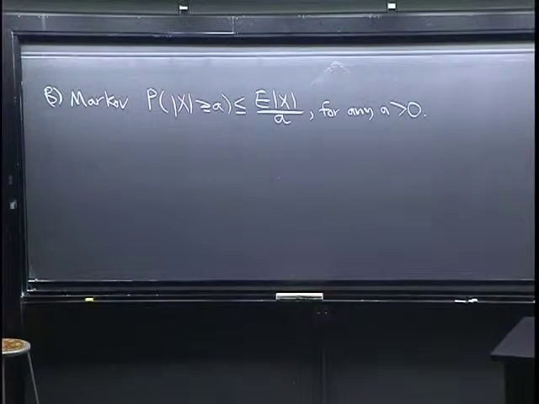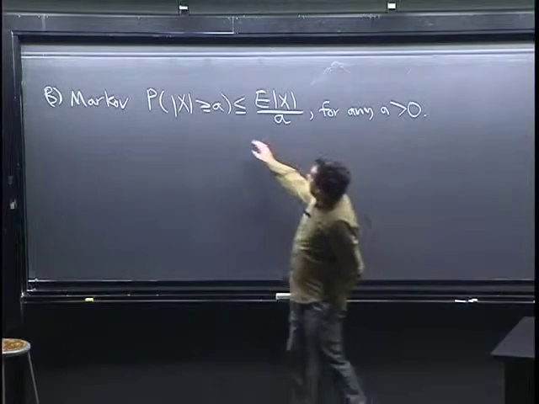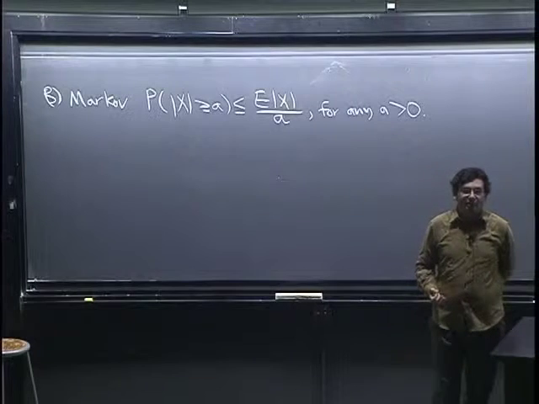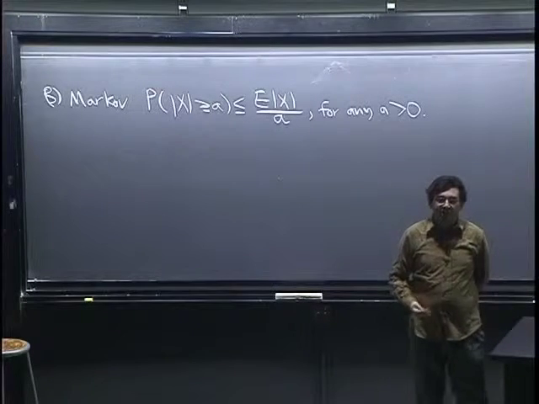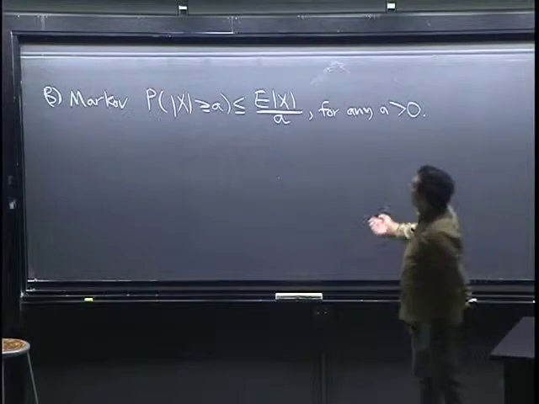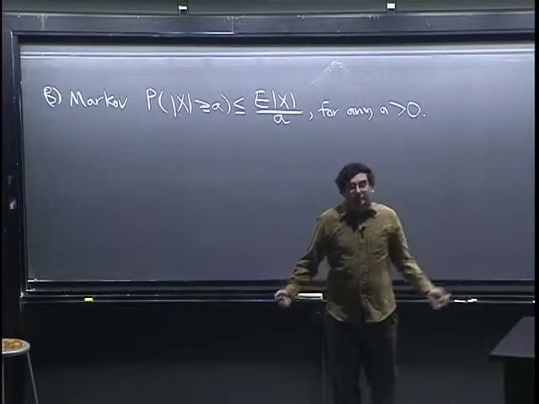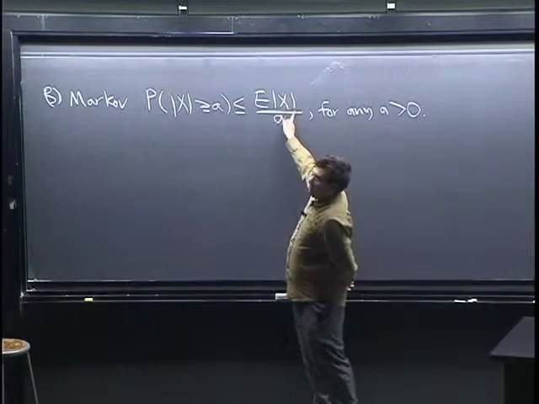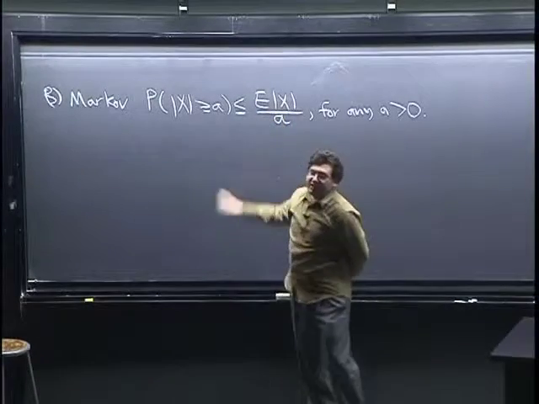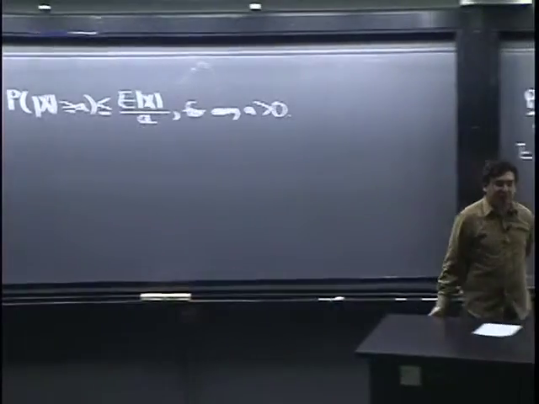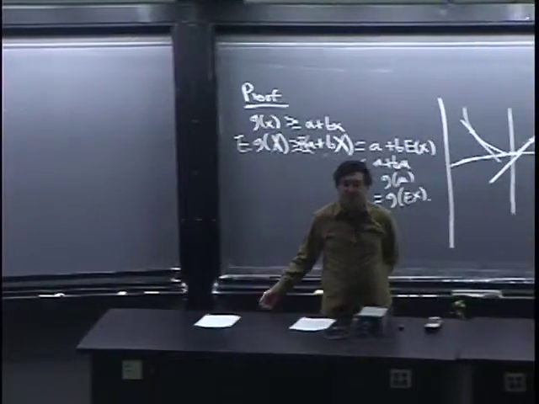We're going to prove this in a minute. The strength of this inequality is not that it gives a good approximation, it's simplicity and generality. This is completely general for any random variable. Of course, you could have a random variable where this is infinity, and that's a pretty bad inequality, a probability less than or equal to infinity, but it's still true.